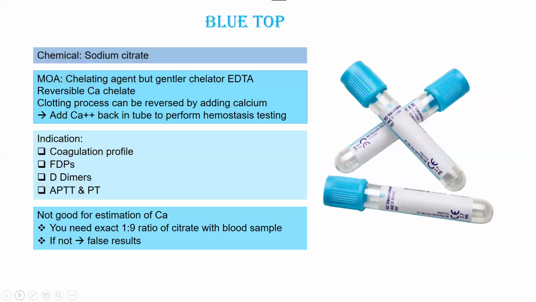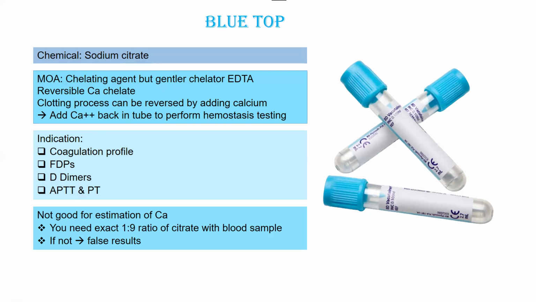Next tube is the blue top tube, which has sodium citrate in it. Basically, sodium citrate is a chelating agent, but it is a gentler chelator than EDTA. It will act as a chelating agent to the calcium, but it is a reversible calcium chelate. So if you have a blood sample in this tube and you want to reverse the process, you can just add calcium, and the clotting process will begin.